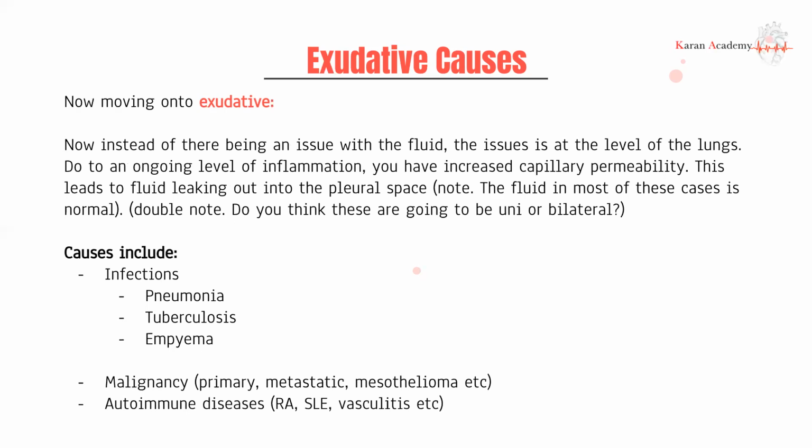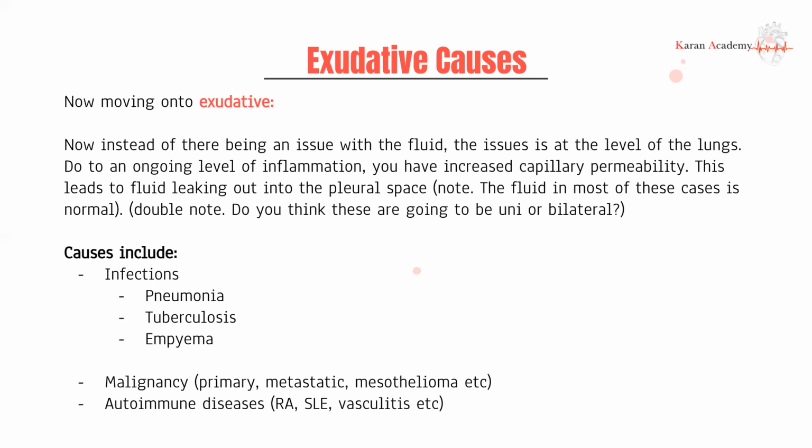Now, once you have increased capillary permeability, regardless of your hydrostatic pressure, regardless of your oncotic pressure, you're going to start leaking fluids into the pleural space. And note that the fluid itself is normal in these cases. It is protein rich, normal pressure fluid that's just leaking through. Now, on this note, do you think that these causes are going to be unilateral or bilateral?